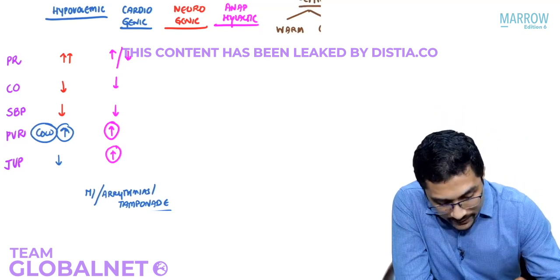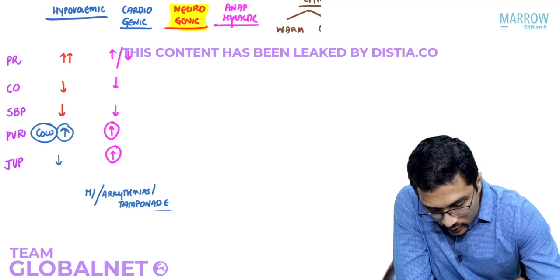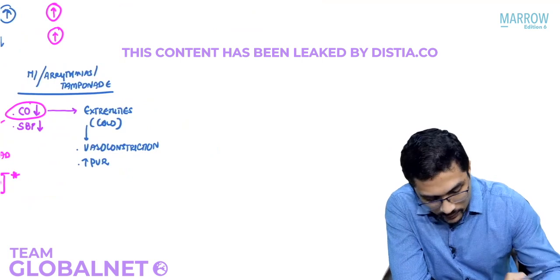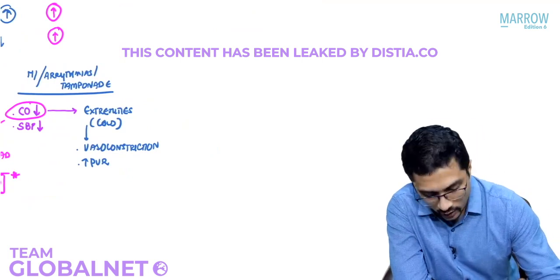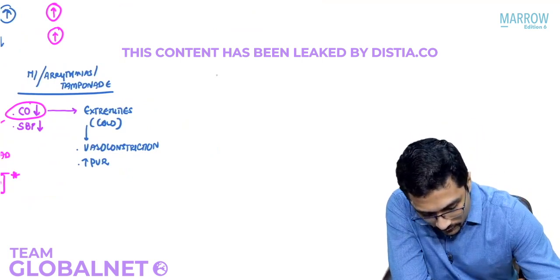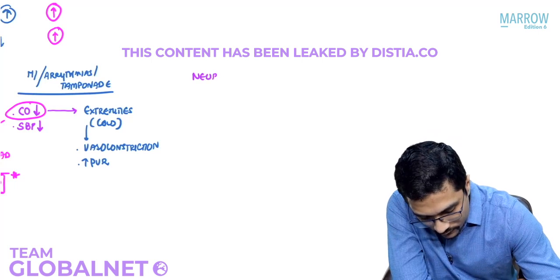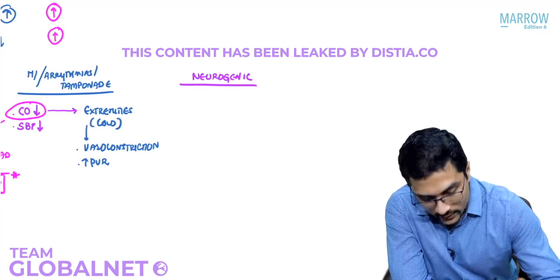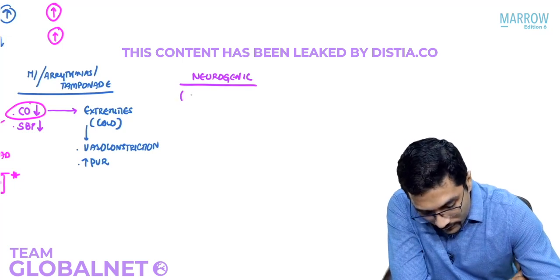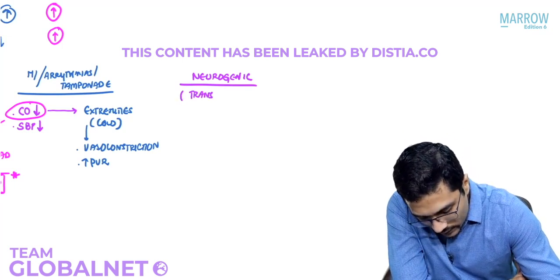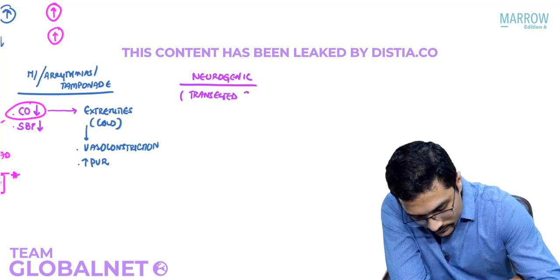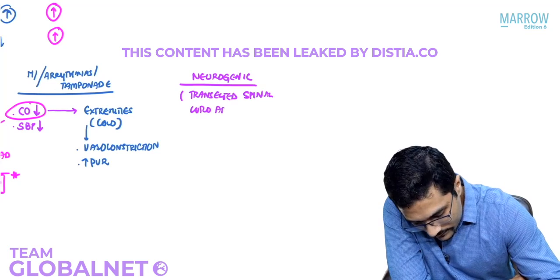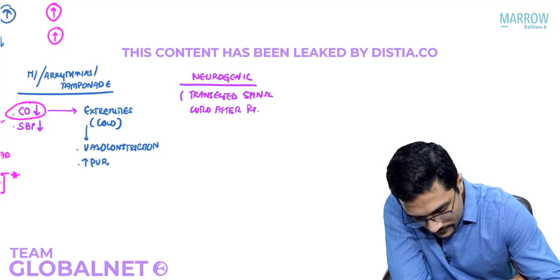Moving on to very important neurogenic shock. Neurogenic shock has been asked almost the same number of times as hypovolemic shock. Now, neurogenic shock, we are going to consider the example of a transected spinal cord after a road traffic accident.